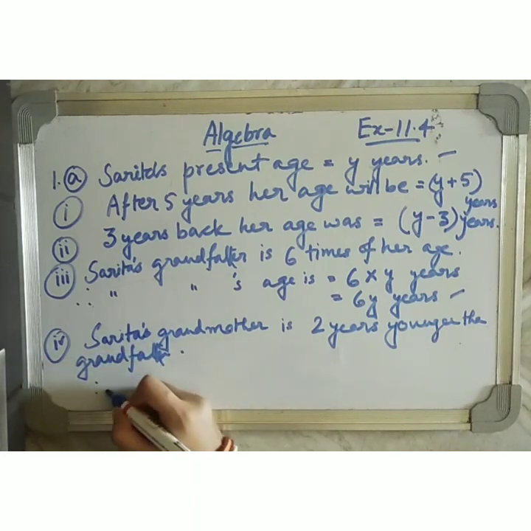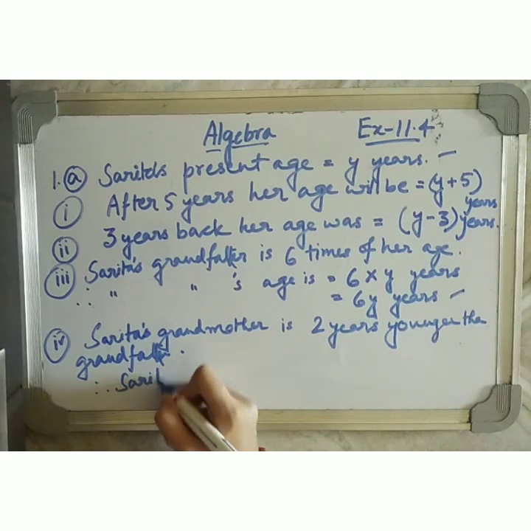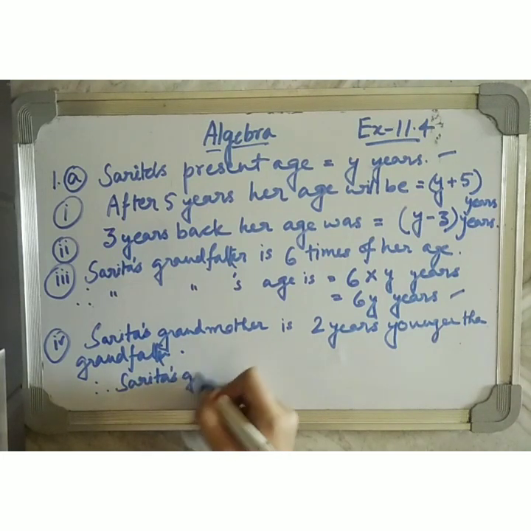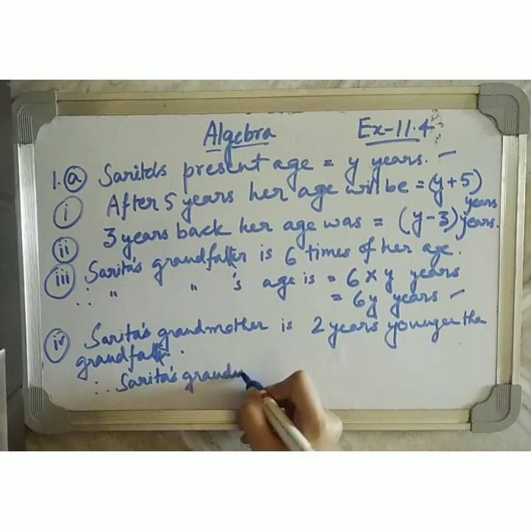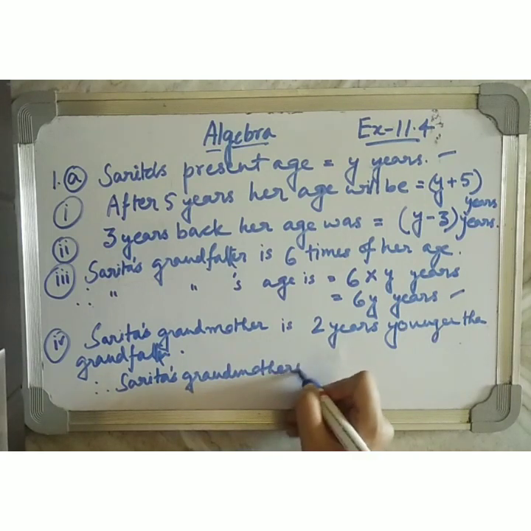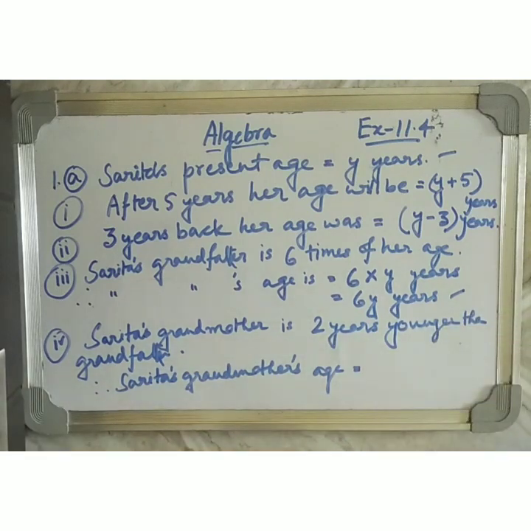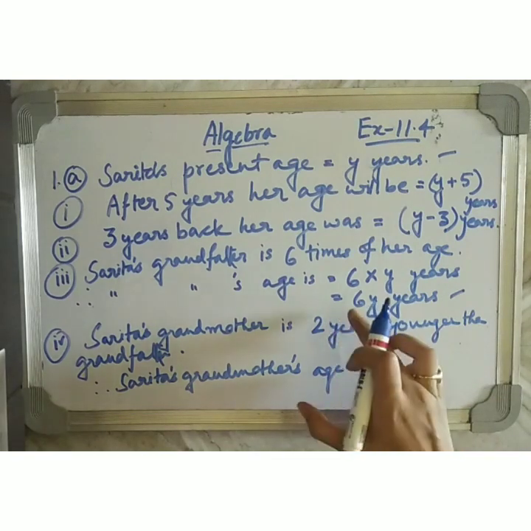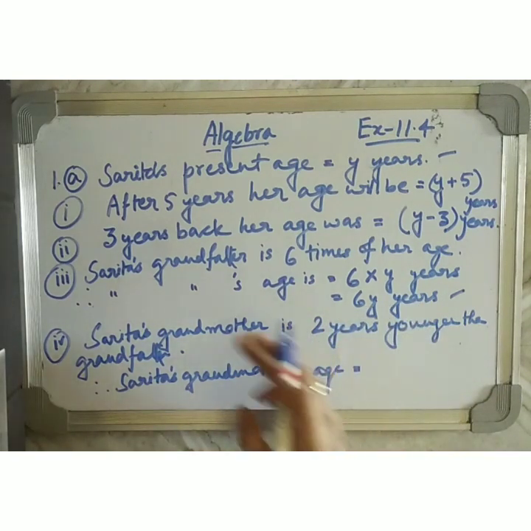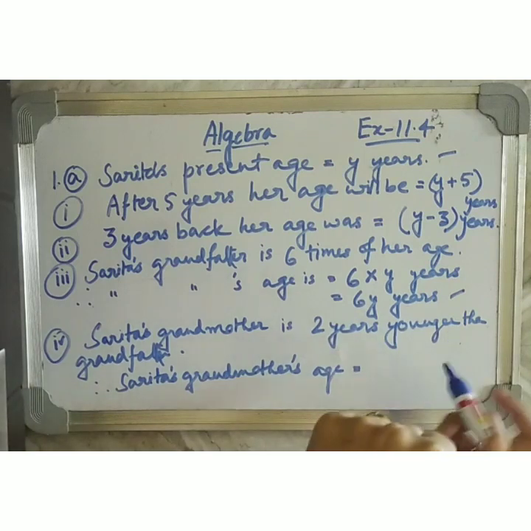So Sarita's grandmother's age is two years less than her grandfather's, isn't it? Her grandfather is 6y years old, and from this 2 years less will be the age of her grandmother.